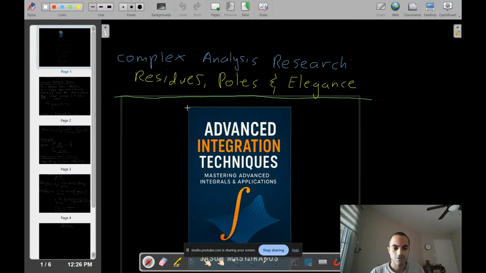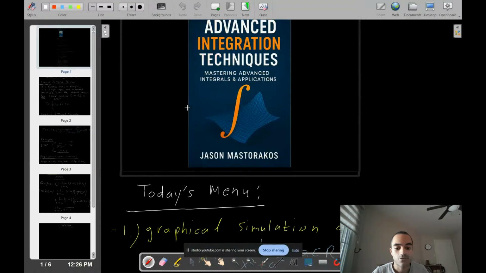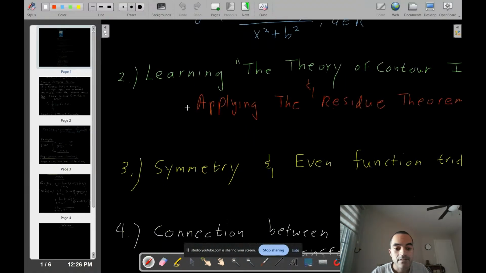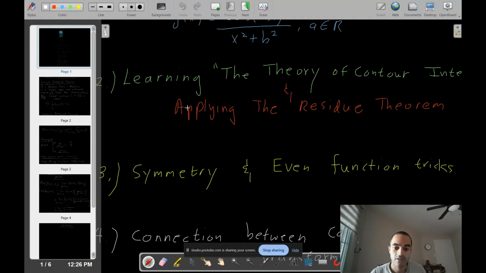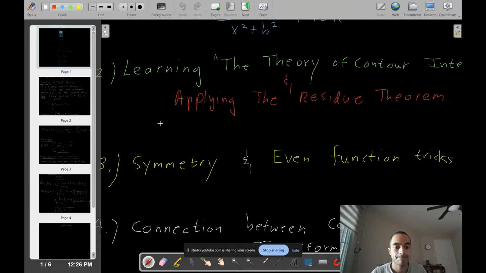But even for those of you who are advanced, more likely I'm going to have to remind you, and if you're new, I'm definitely going to have to teach you the theory behind contour integration, because it's a lot. So we can't avoid it. We need to go through the theory of contour integration and applying the residue theorem, so let's do that.